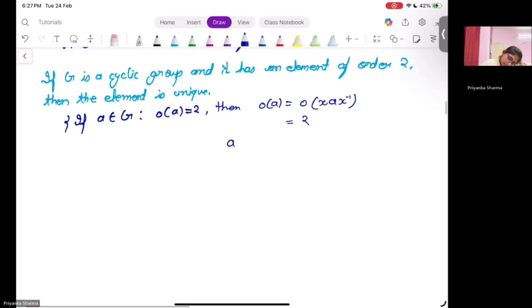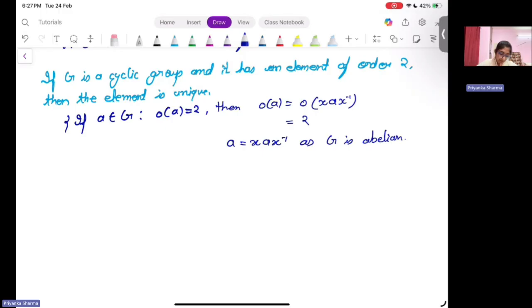Because G is cyclic, G will be abelian. That means ax is xa.